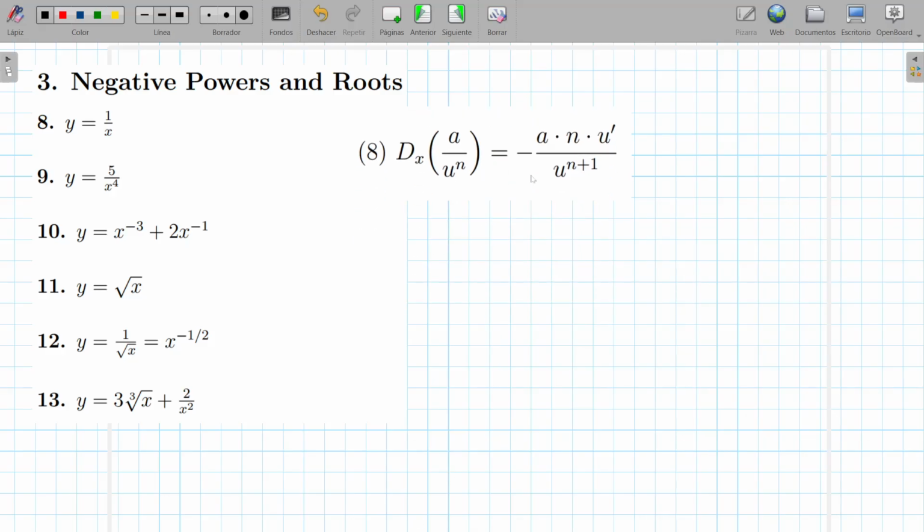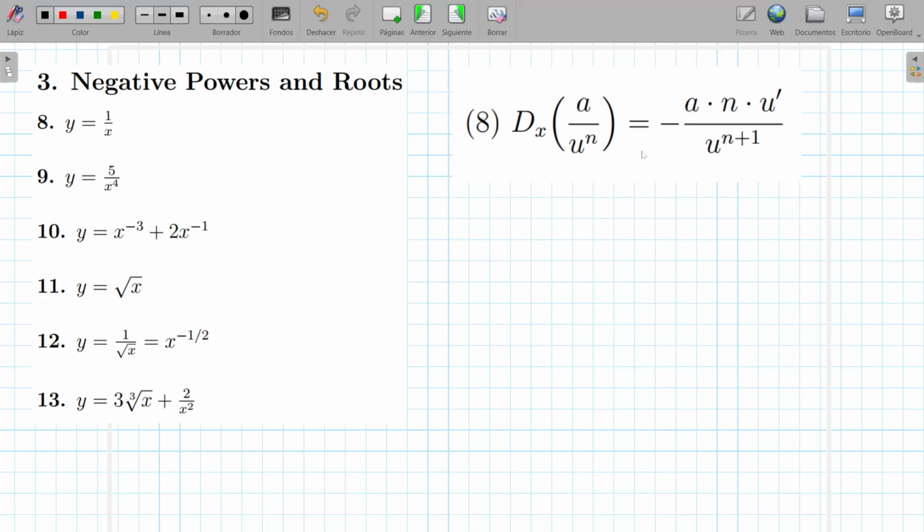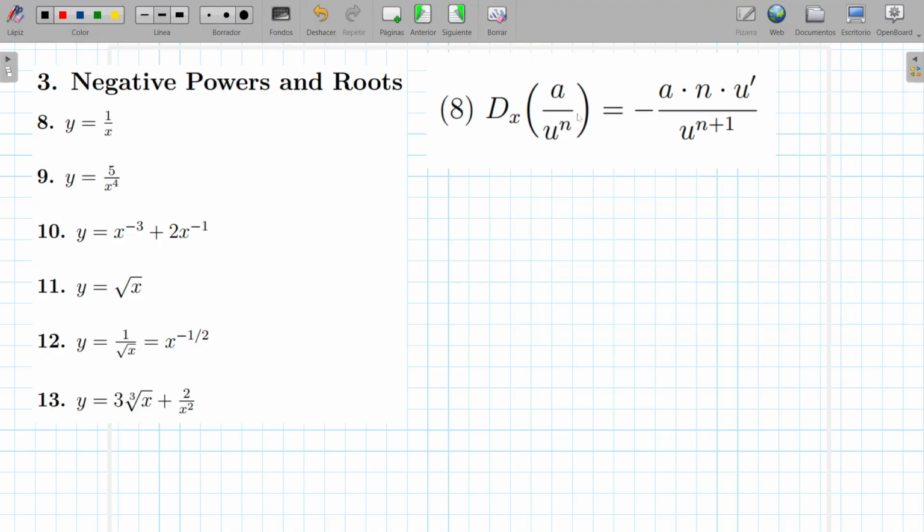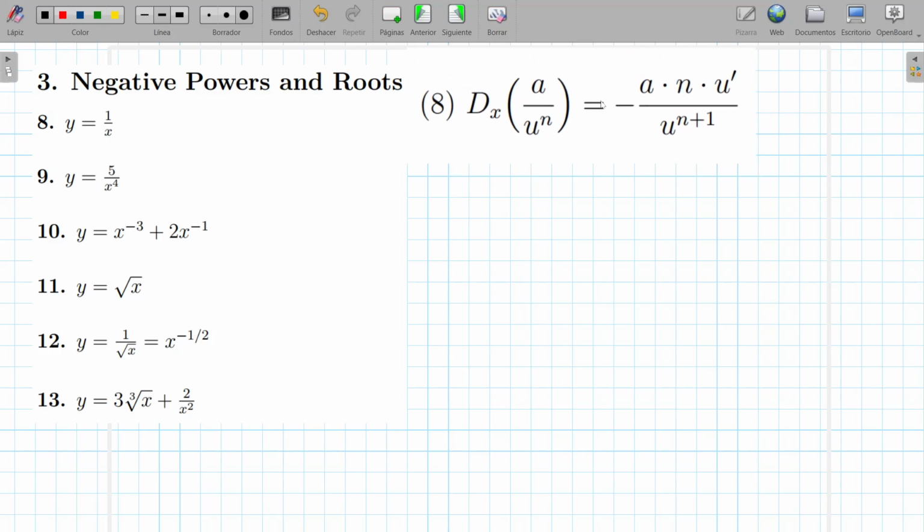It is going to tell me what to do whenever we have something down here. When you got something down, instead of subtracting, we have to add. Like you can see here.